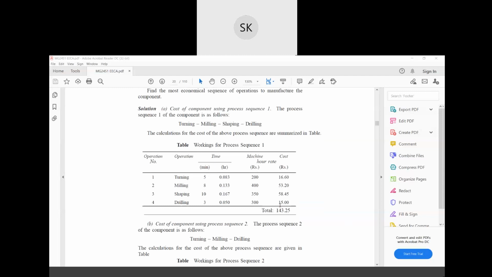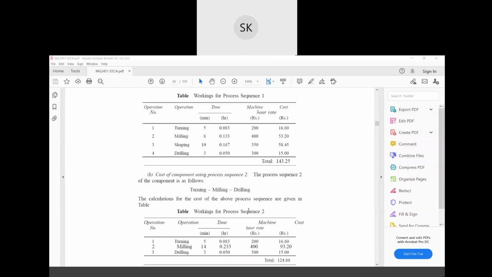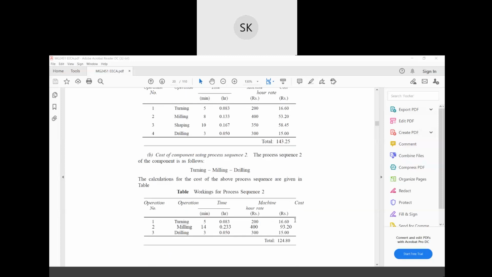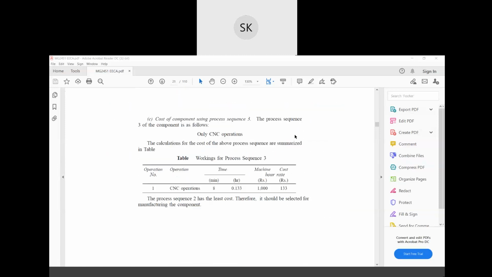Now if you follow sequence 2, it's turning, milling and drilling only. The same way you can find the cost, which is 124.80. Here it was a cost of 143.25. Now if you go through the third sequence, only CNC operations, it has 8 minutes. If you convert it, this is the cost.